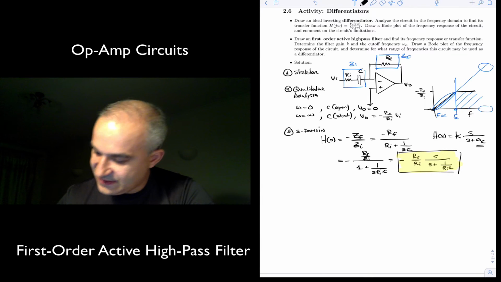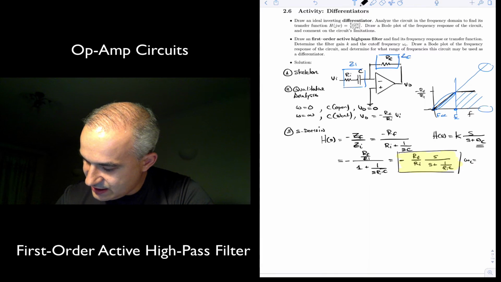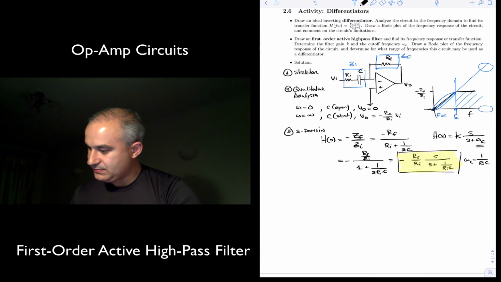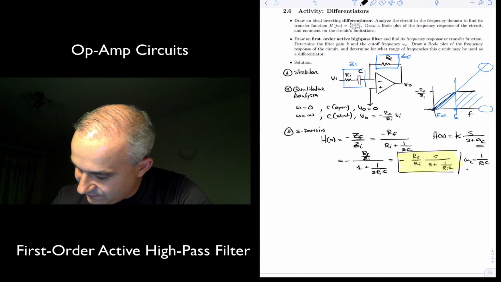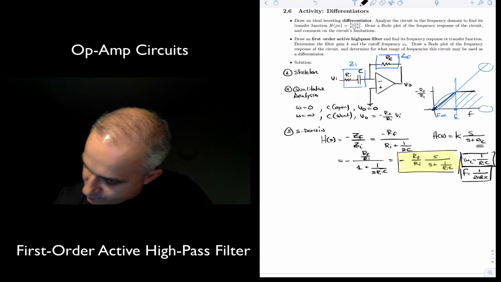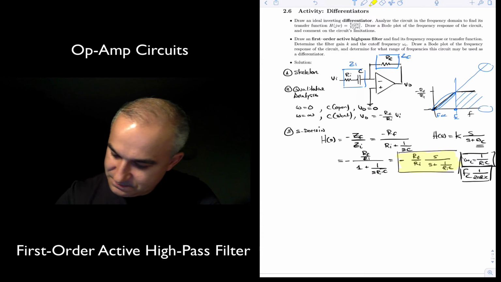We also find that the cutoff frequency is 1 over RiC, or the frequency is 1 over 2 pi RiC in hertz.